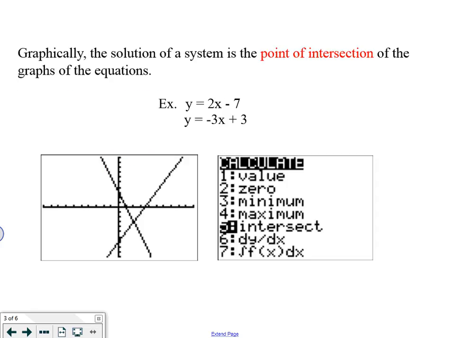The first method of solving a system of equations that we're going to talk about today is the graphing method. The solution of a system is the point of intersection of the graphs of the equations.